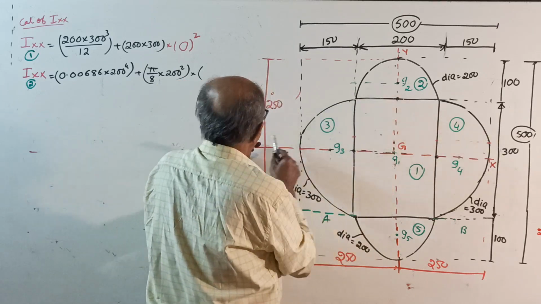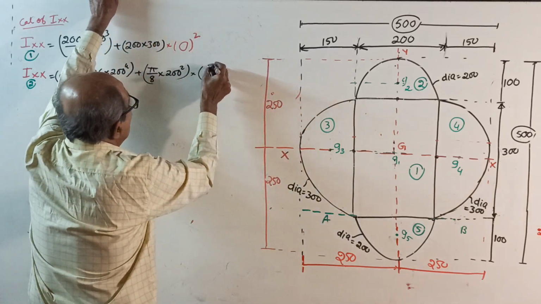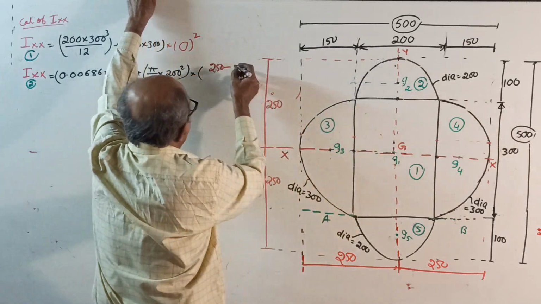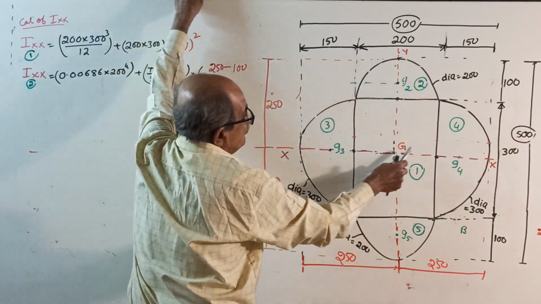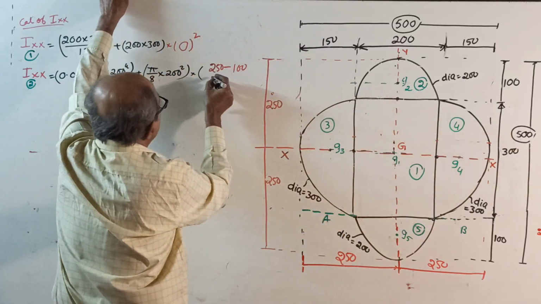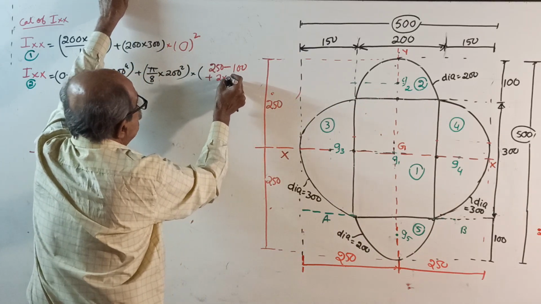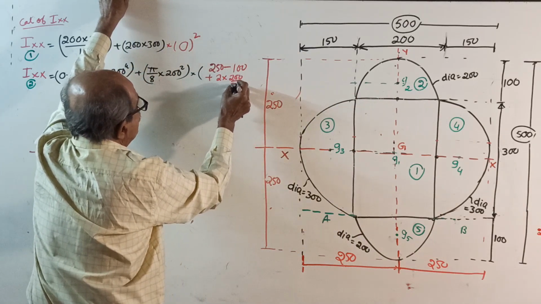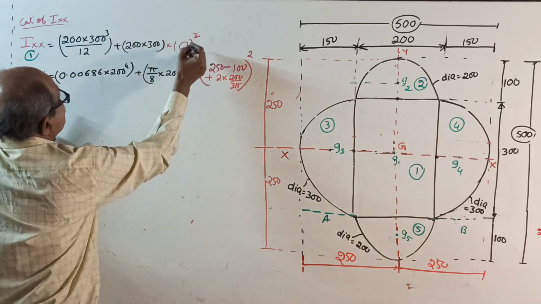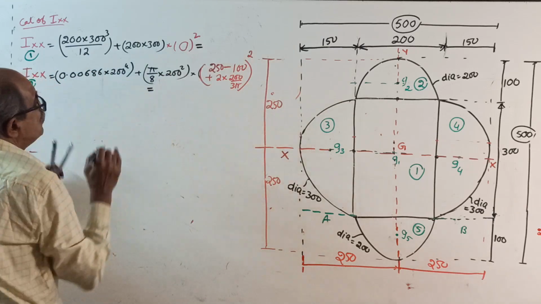This distance is 250 minus 100; you can directly give 150, see, when this is 300, you can tell 150 here, plus 2d by 3 pi, that is 2 into 200 divided by 3 pi. This whole is squared. Write whatever answer you got here.